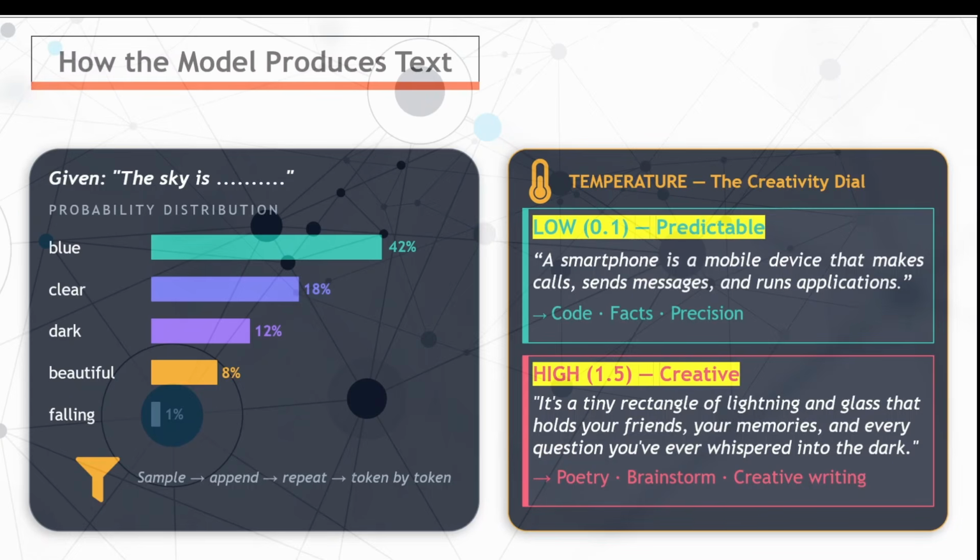This is called a probability distribution, assigning a likelihood to every possible next token. Then it samples from this distribution and picks one. So basically it picks the word blue here, appends it to the text, and repeats the whole process one token at a time until the response is complete.